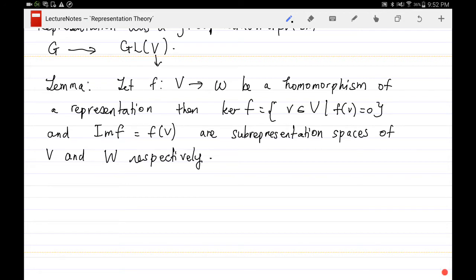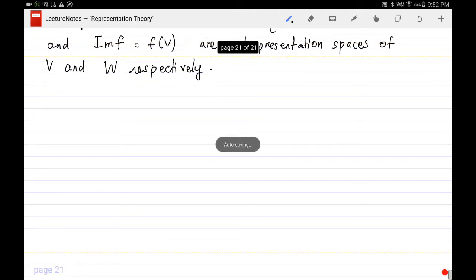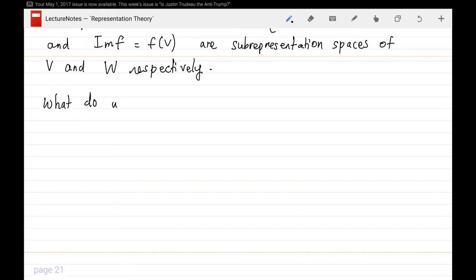Okay, so we'll now clearly see why I made this distinction earlier between a representation and a representation space. So what do we need to show? Remember how we defined a sub-representation.